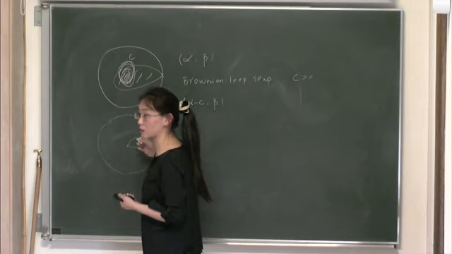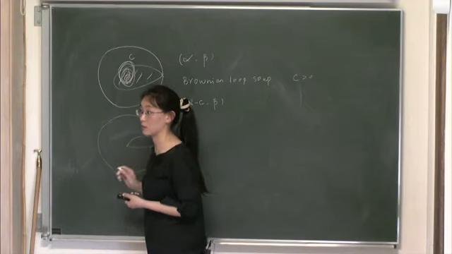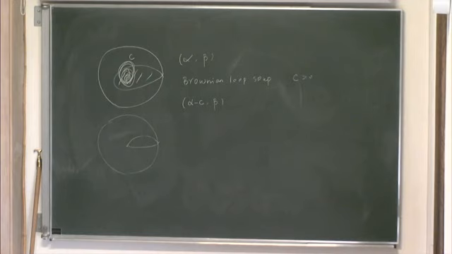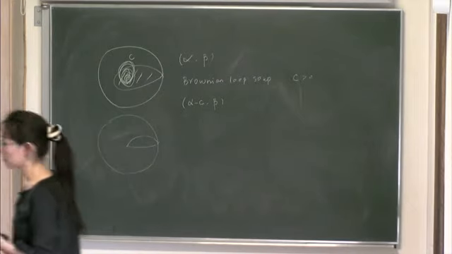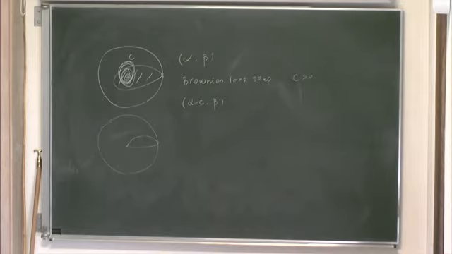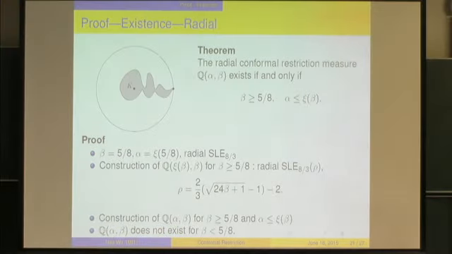So if this alpha is not the largest possible one, it is impossible that the origin is on the boundary. So once we prove the largest possible alpha, we can construct all smaller alphas. And the last part is that the measure doesn't exist when beta is less than 5/8, and the reason is the same as the chordal case.